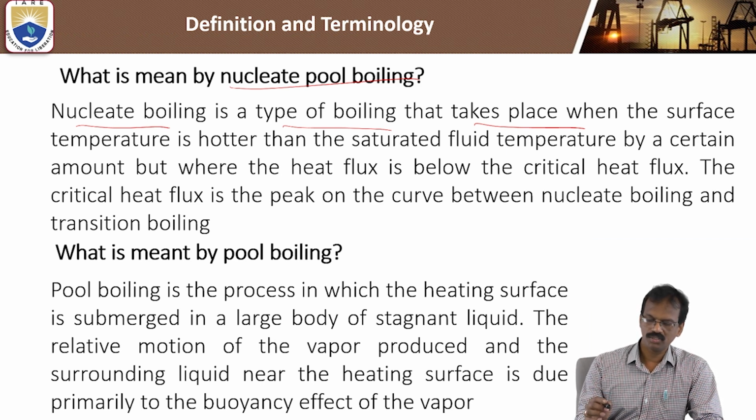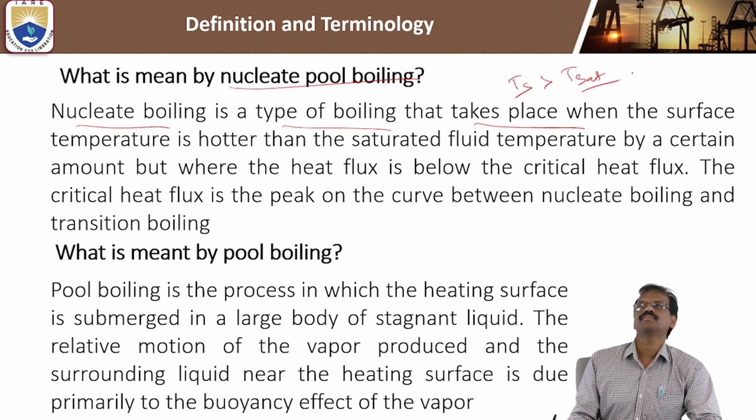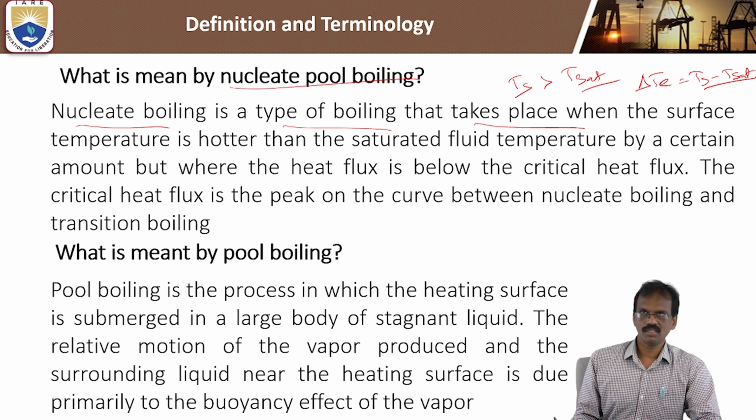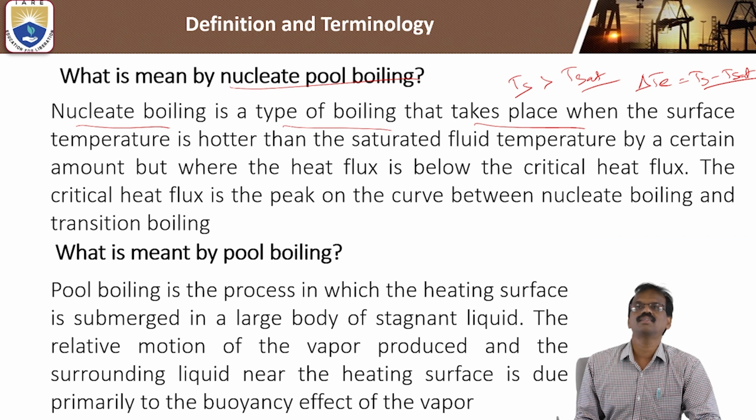So boiling occurs when the temperature of the solid Ts is greater than the T saturation of the fluid. That is the excess temperature, represented by delta T equal to Ts minus T saturation. If there is no excess temperature, there is no phase change. Phase change occurs when the surface temperature is greater than the saturation temperature of the fluid.